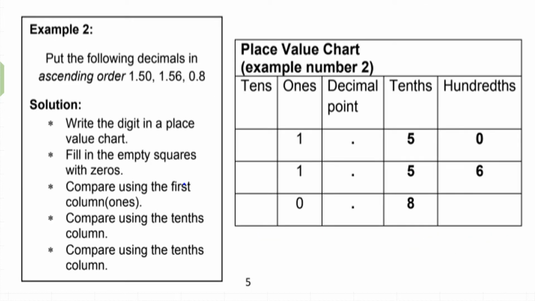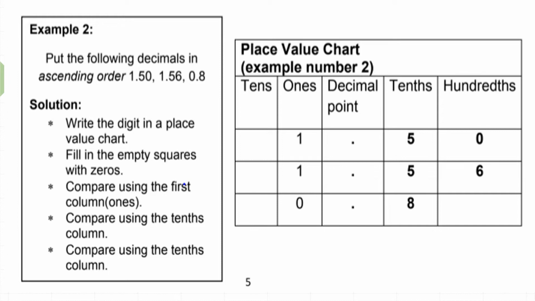Let's have another example, putting decimals in ascending order. What do we mean by ascending order? That is from the lowest or smallest number up to the greatest number. So we need to write it in the place value chart.